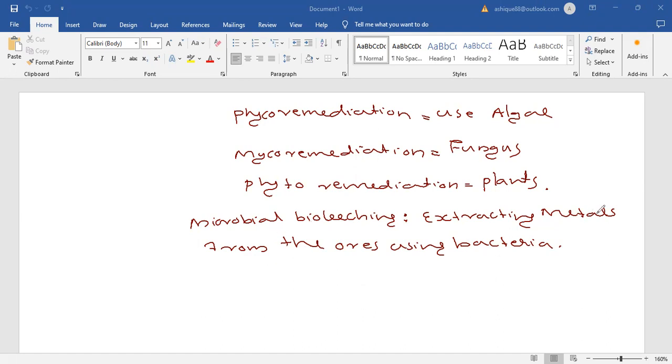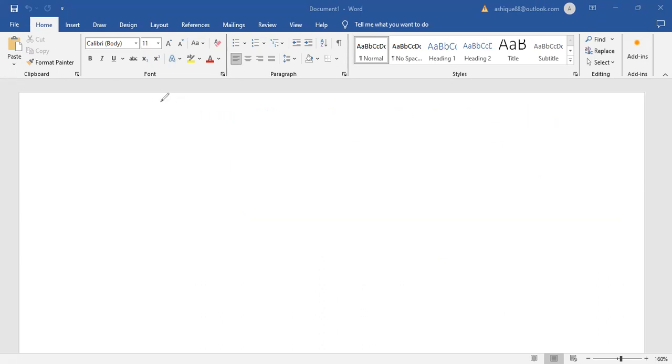If you are looking into phytoremediation, you can see phytoextraction. The first one is phytoextraction, which is the use of pollutant accumulating plants.